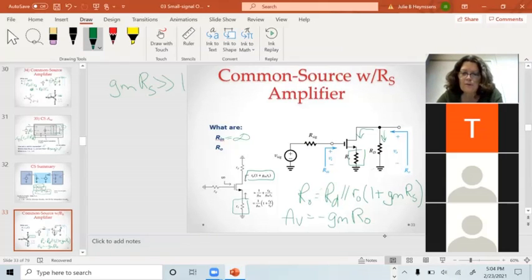By adding that source resistor, I've increased little r_o by a factor of 1 plus g_m R_S. I put a big resistor in parallel with a fixed resistor, and this number usually comes out bigger than R_D. My R_O is still about whatever R_D is.